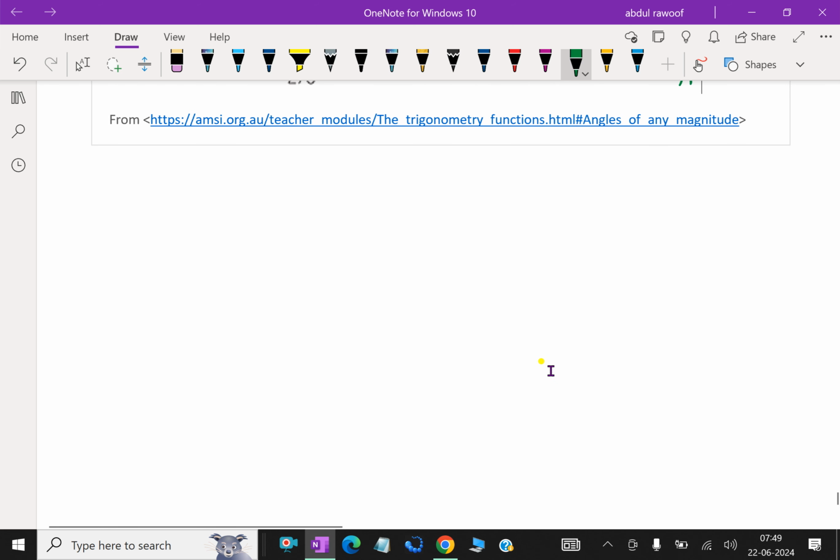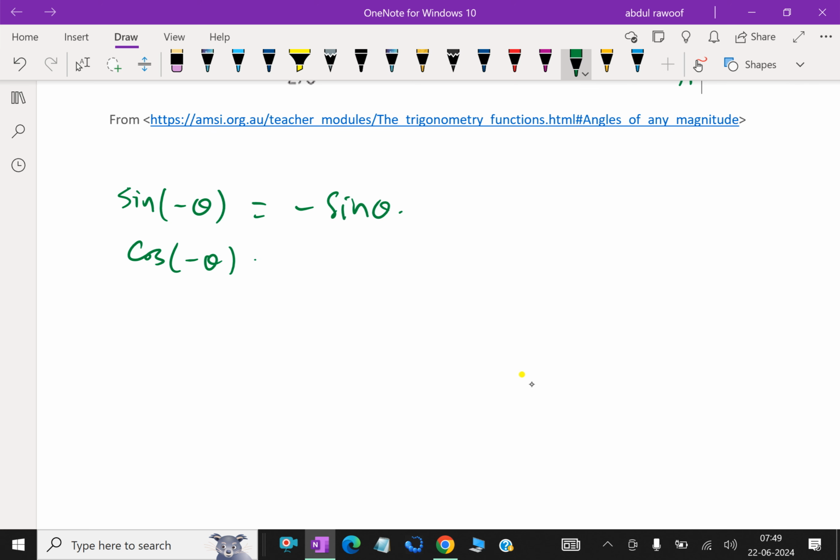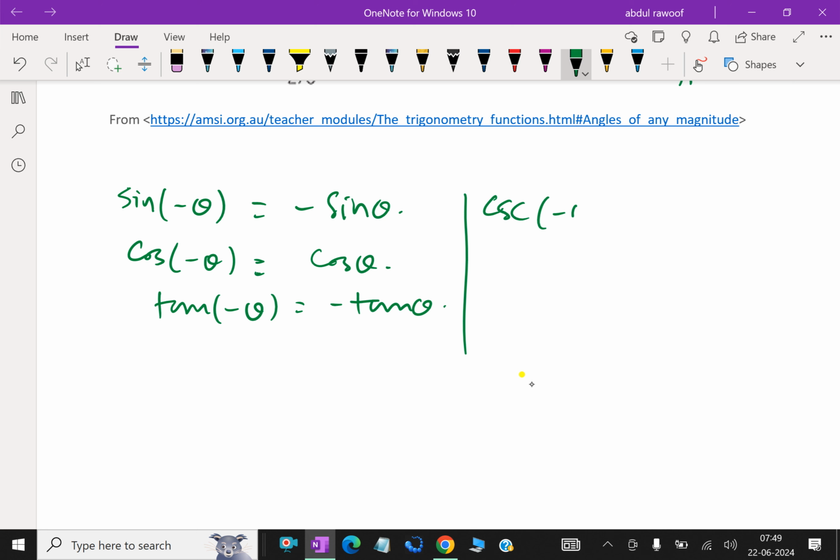Then one more, negative values of these. Sine of minus 30 is minus sine 30. Cos of minus 30 is just cos 30. Tan of minus 30 is minus tan 30. The reciprocals also come. Cosecant of minus 30 is minus cosecant 30.